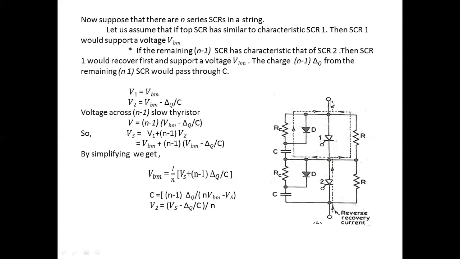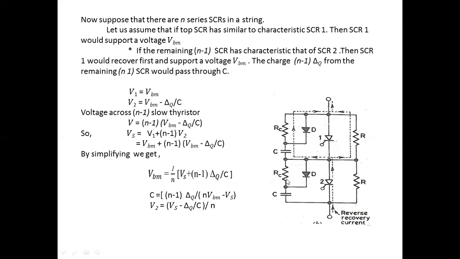Normally, this is a static equalizing circuit. And what is this one? This is the dynamic equalizing circuit. Suppose two series connected SCRs are operating under the static voltage equalization circuit.